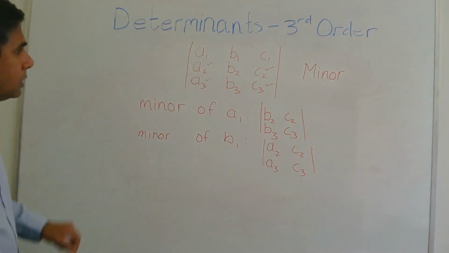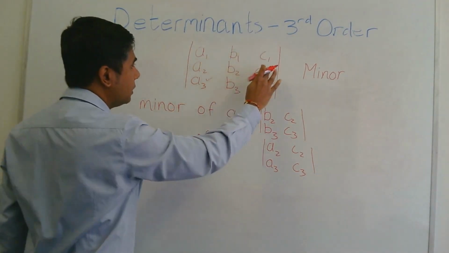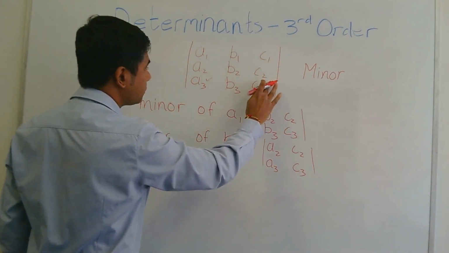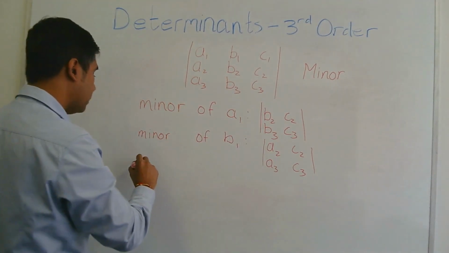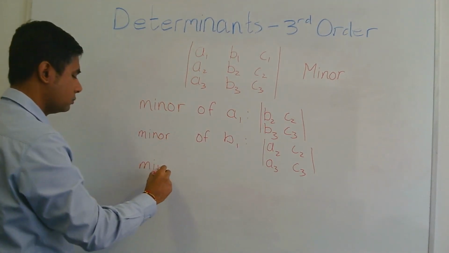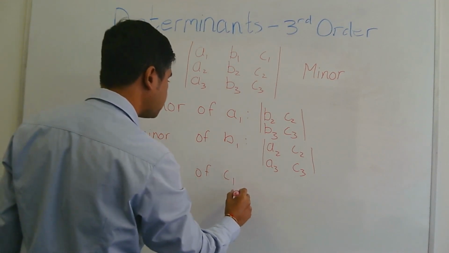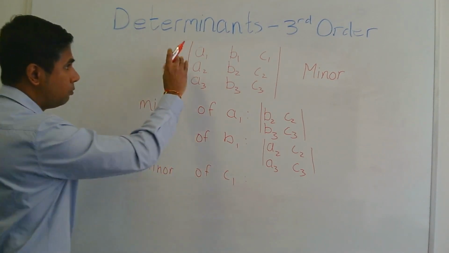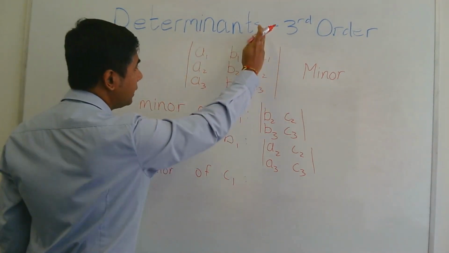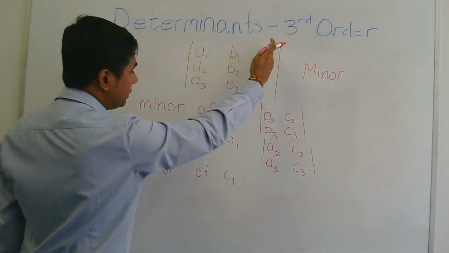And then lastly, we have to consider the minor of C1. We now want the minor of C1. And we have to block out row 1 and column 3 because that's its position.